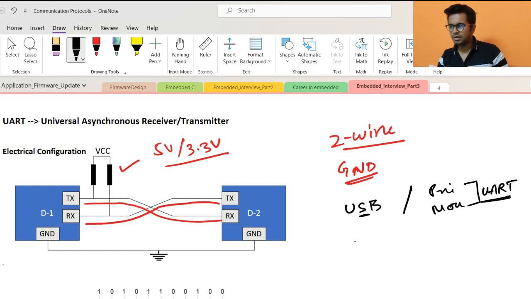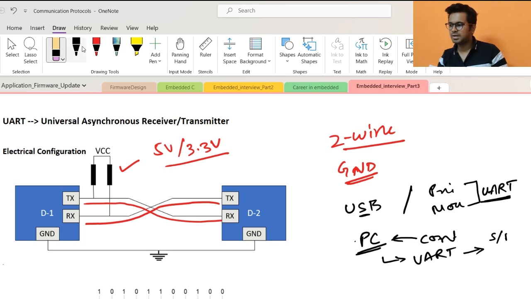Whenever we want to communicate with a PC using a controller, the best option available is UART communication. You just connect the USB cable with a USB to serial converter, and it gives you the data over the UART. So UART is the most commonly used, and it is a very easy protocol which can be used by anyone for communicating.